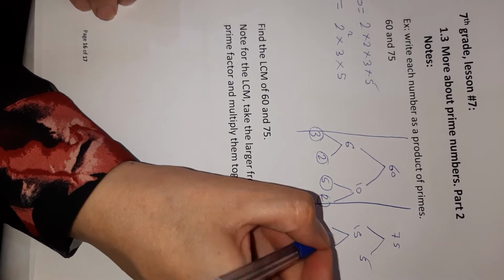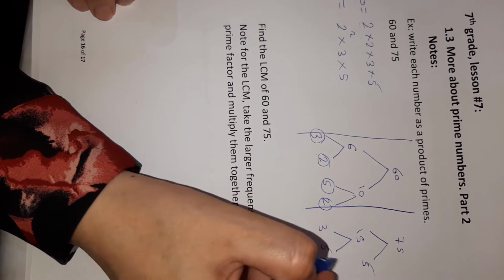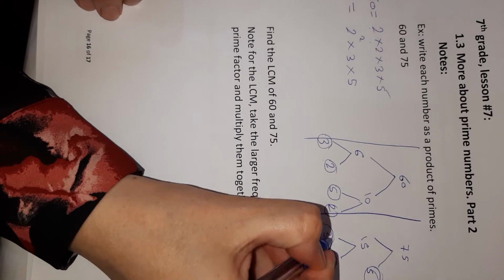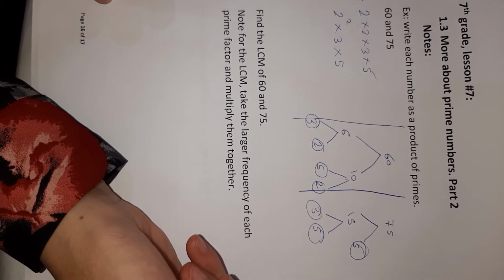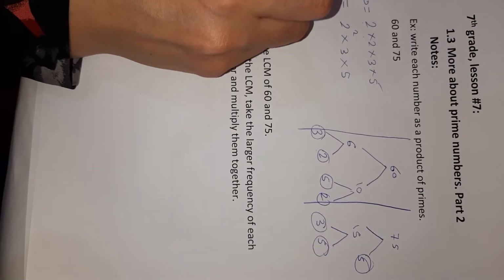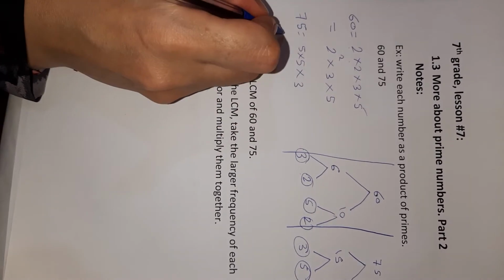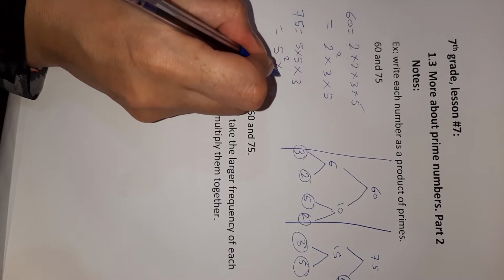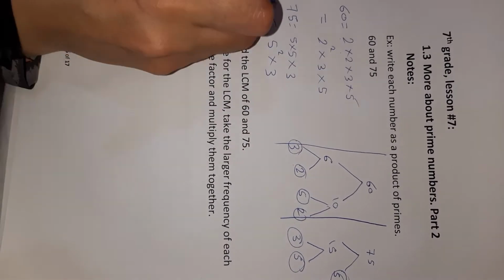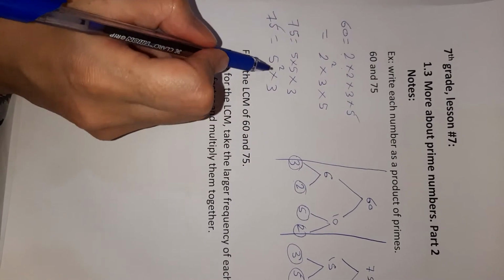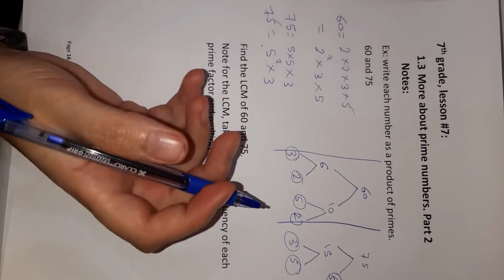Now, here 15, 3 times 5, prime, prime, prime. Now, 75 equals 5 times 5 times 3, which is 5 squared times 3. This is 75. You can write 3 times 5 squared. That's up to you.